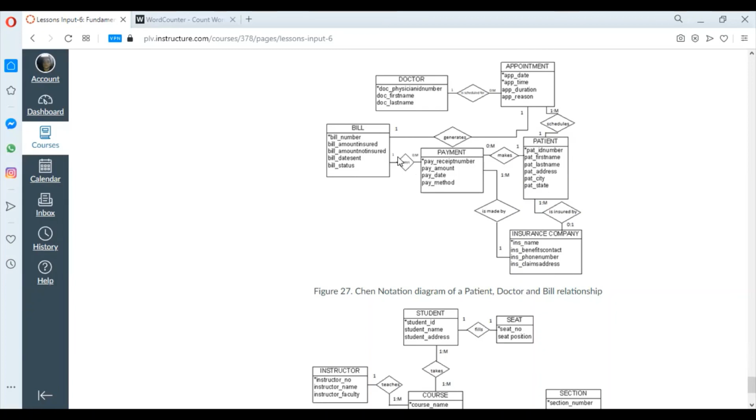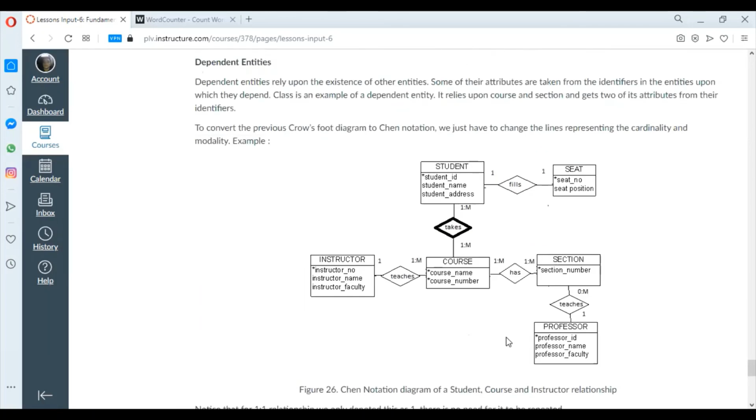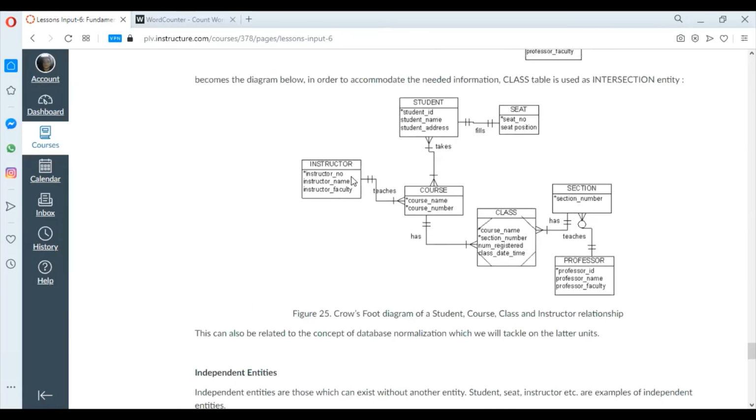Then we also use symbols, 1 or M or 0 or N, and then we use a diamond for the action. For the crow's foot, always remember that the entity should have a name and then separated by a line. And then the action is placed on top or on the side of the line. And then our plurality is symbolized by either a line, a fork, or a circle.